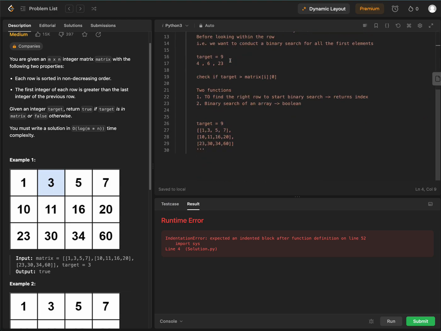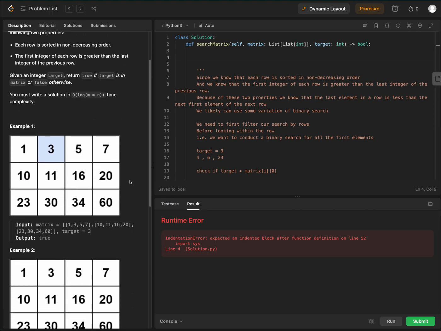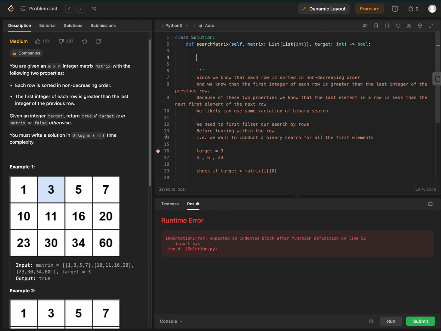Target row. Here we have 1 3 5 7. We have an array of the integer stacks, to see columns, right? So search matrix.